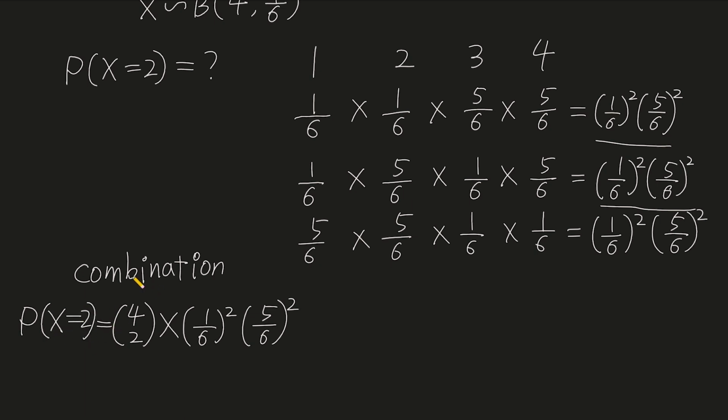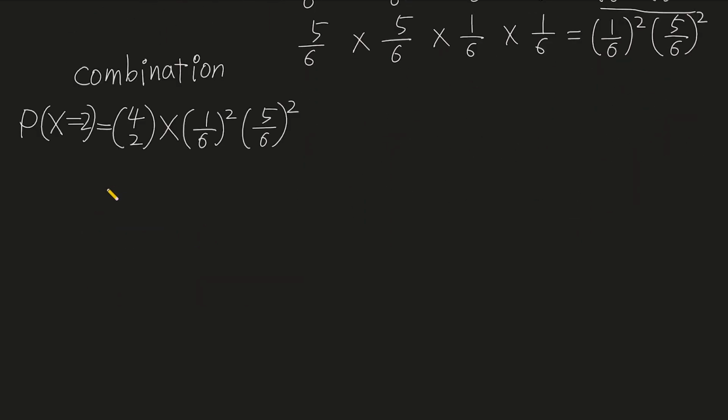From this example, we can deduce the probability for the possible values in a binomial distribution. So we conclude that for a binomial distribution, the possible values are 0, 1, 2, until n.